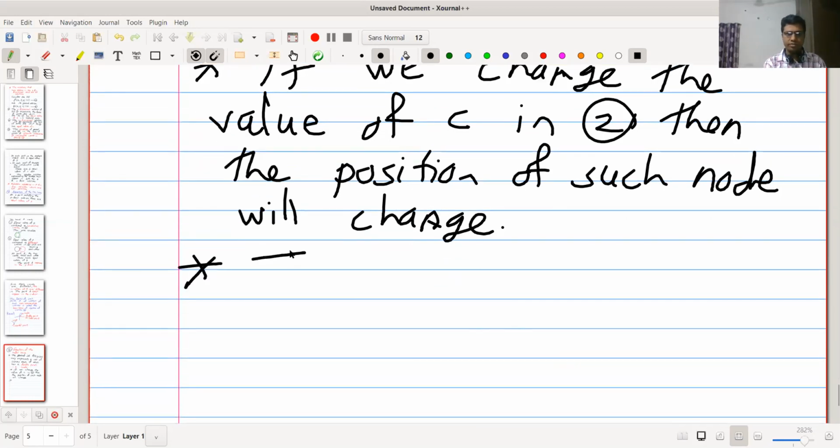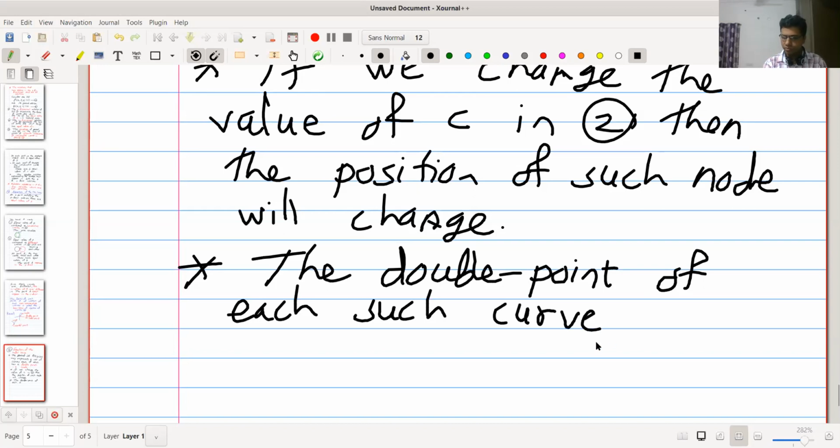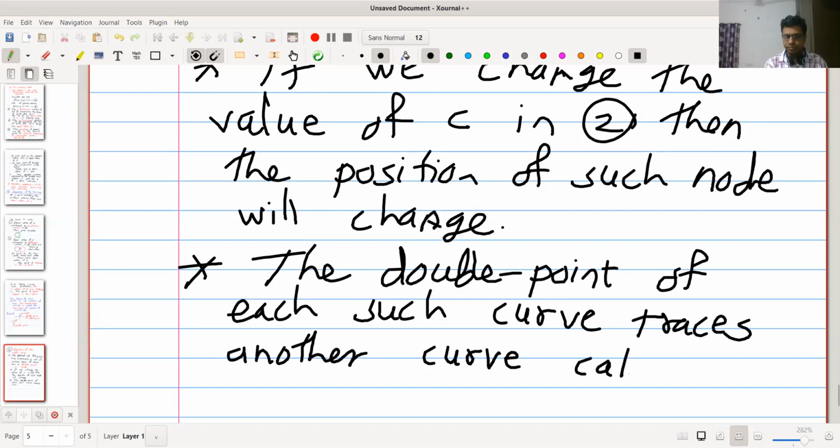The double point of each such curve traces another curve called the nodal locus.